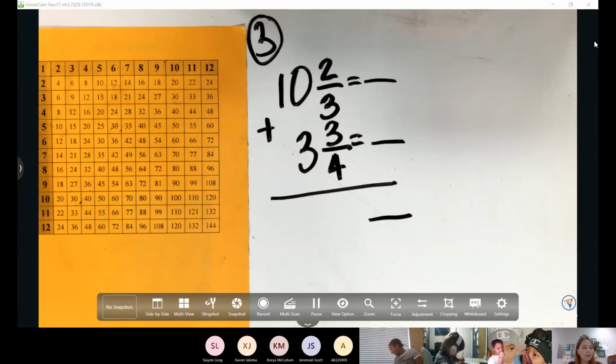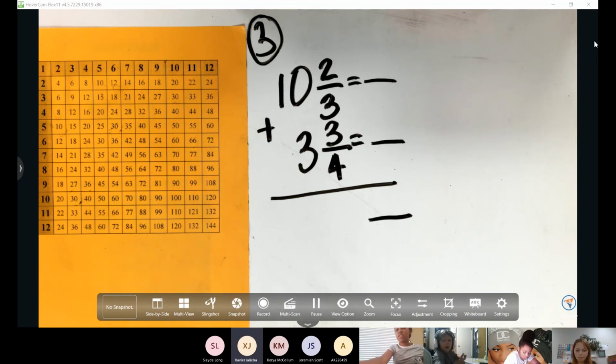What's the first step? Does anybody know what the first step is?